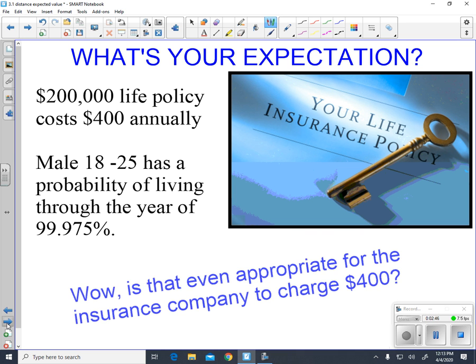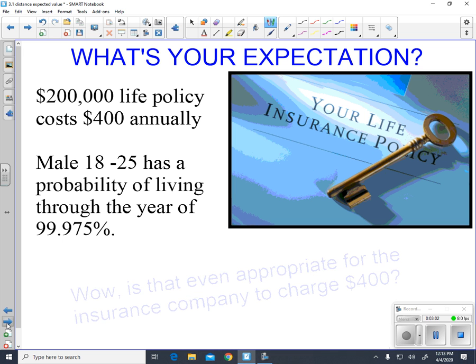When we talk about expected value, the first thing that pops into my mind is insurance. There are different places in our lives where we want to buy insurance, or we by law have to have insurance, like driving. You have to have car insurance. If you have a mortgage on a home, you have to have homeowners insurance.